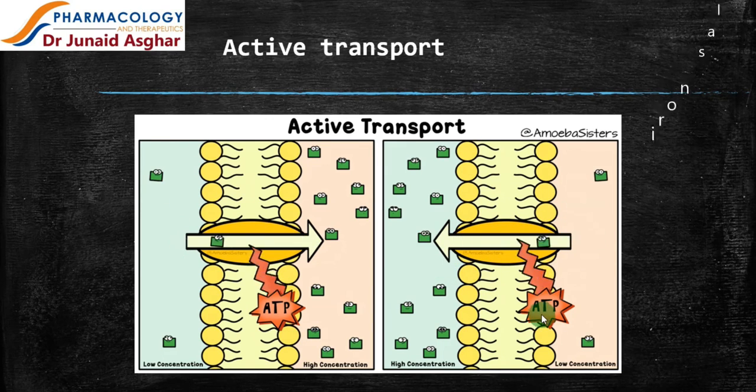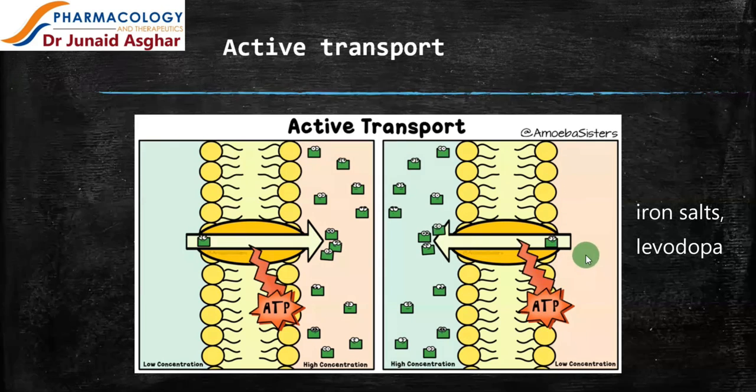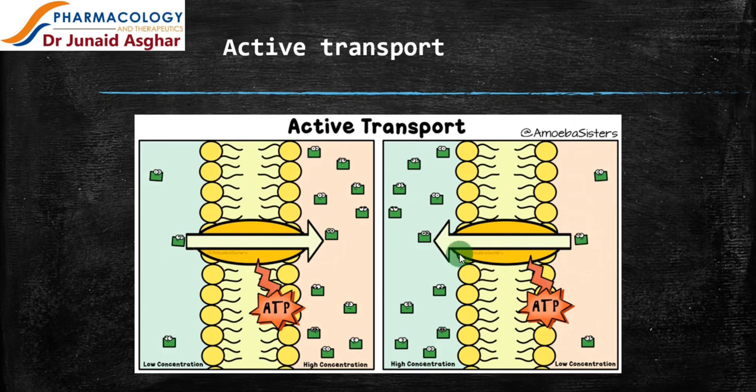Now this ATP or energy is basically required to drive the drug molecules from a region of low concentration to the region of higher concentration, unlike facilitated diffusion, which is a process from higher to lower concentration in the presence of a carrier. So in facilitated diffusion there is a carrier, in active transport there is a carrier.